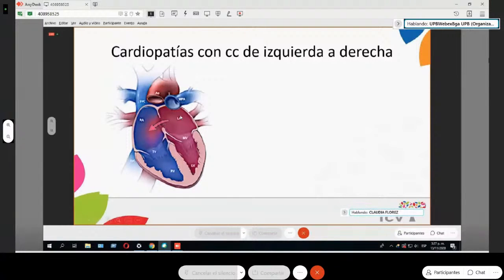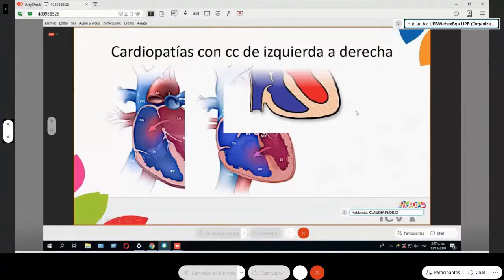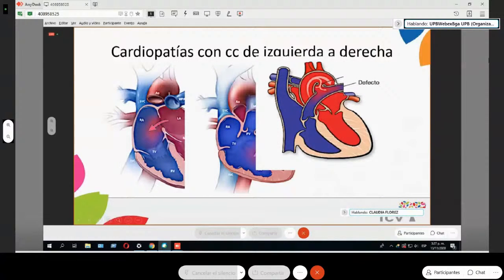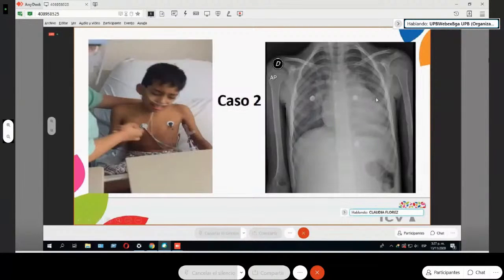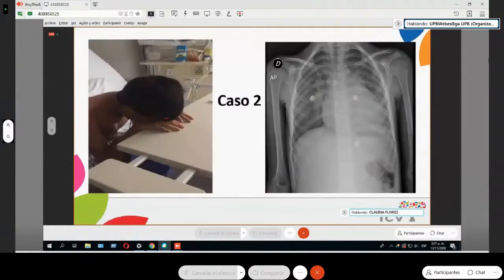So they may have defects between the two atria, or defects between the two ventricles, or defects between the two large arteries. So in all of these cases, we will have pink blood to the pulmonary vascular bed with increase of pulmonary blood flow.